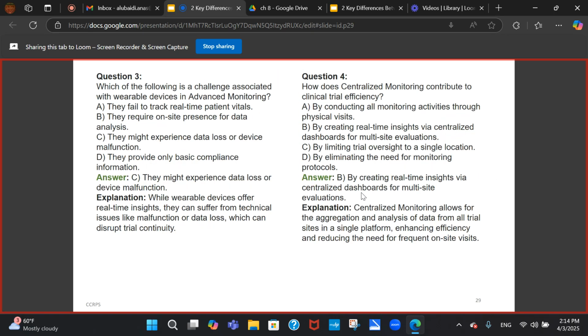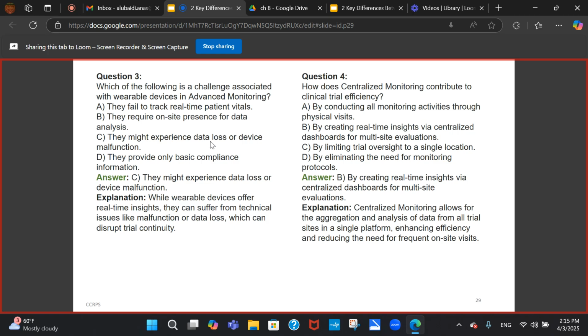Which of the following is a challenge associated with wearable devices in advanced monitoring? Because as we discussed earlier, wearable devices will be part of the advanced monitoring. A, they fail to track real-time patient vitals. B, they require on-site presence for data analysis. C, they might experience data loss or device malfunction.